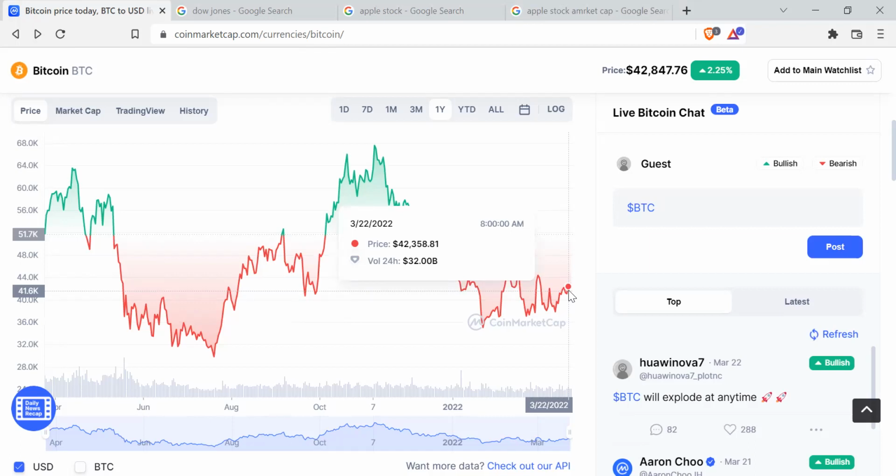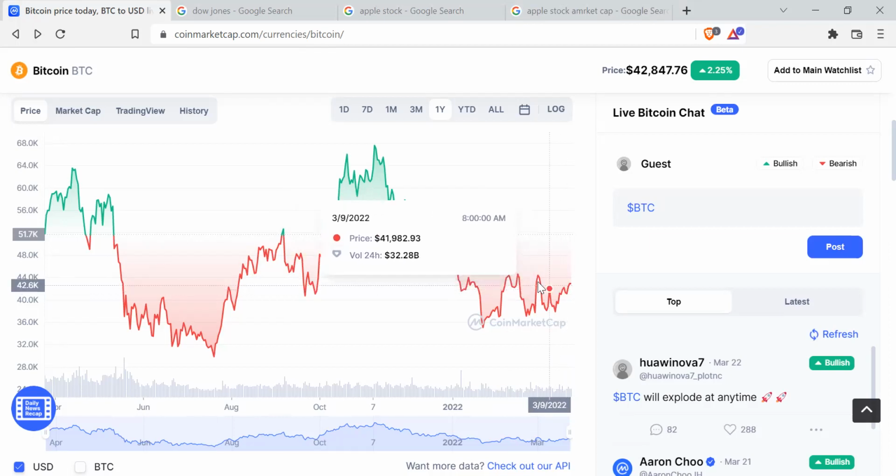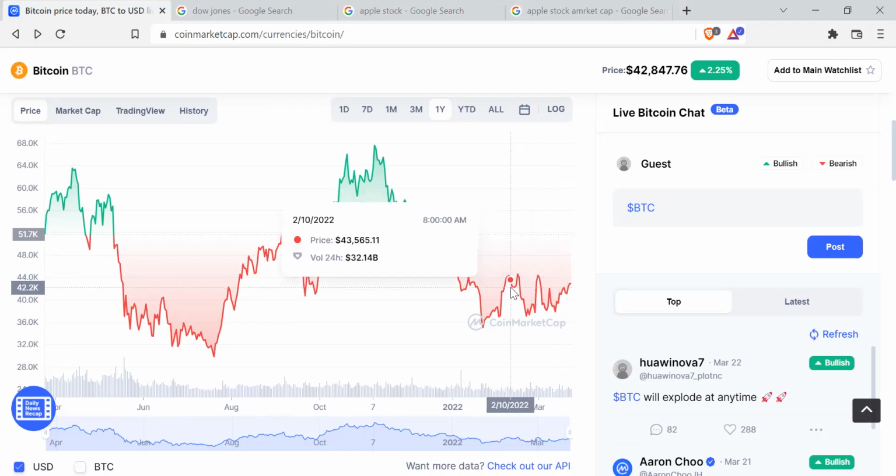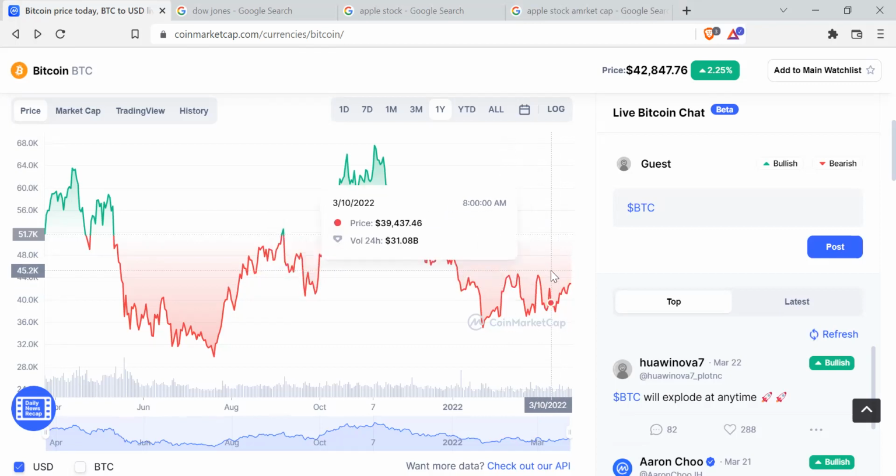We already have a rather bearish momentum that's keeping the price down at the moment, which is the ongoing military conflict in Ukraine, and the other thing is the expected rate hike which will continue for the rest of the year, right? So these two will keep the market suppressed for quite some time, right?